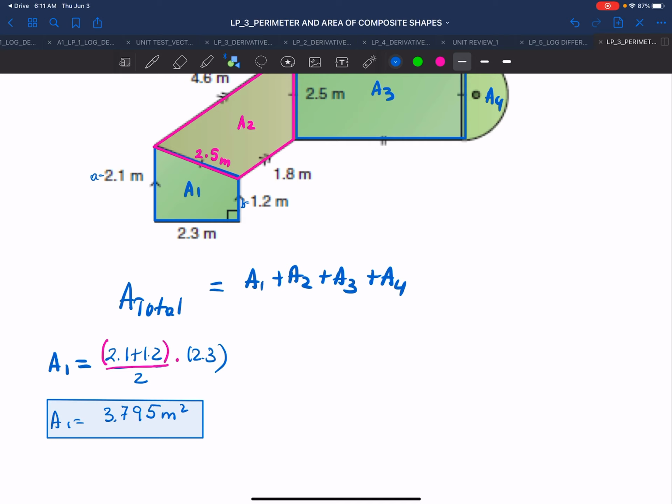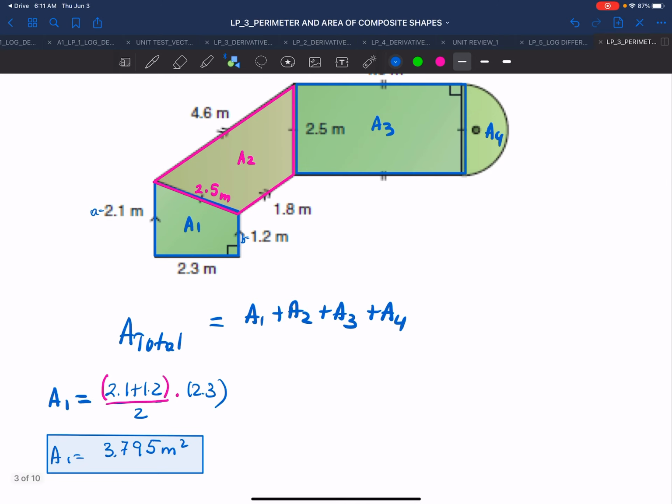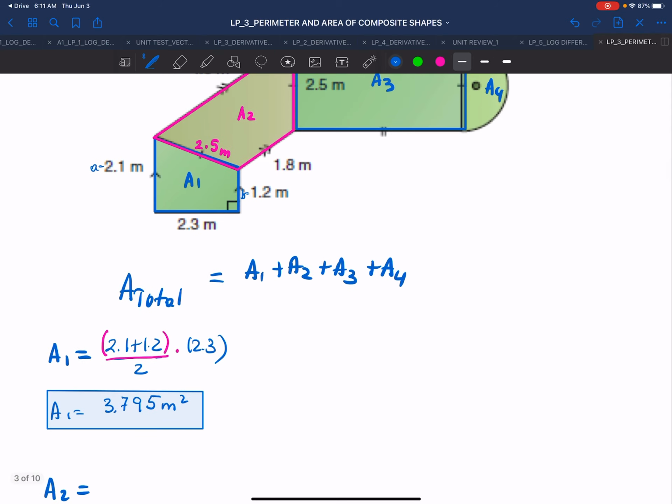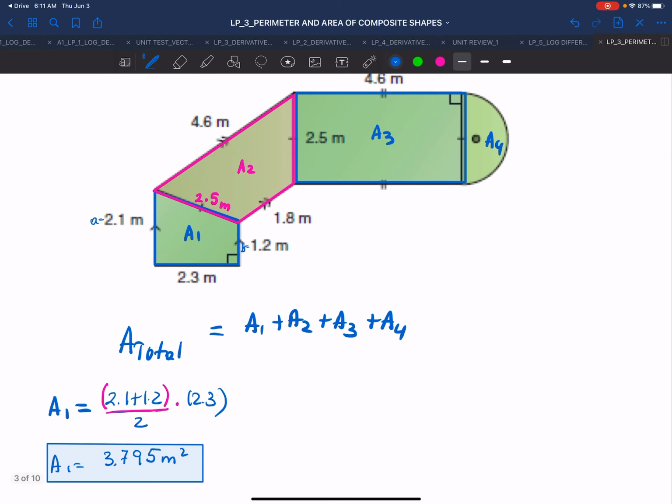We'll continue with A2. It's another trapezoid. And I'm going to write down below. And what we see in here in this trapezoid is the two bases, 4.6 and 1.8.